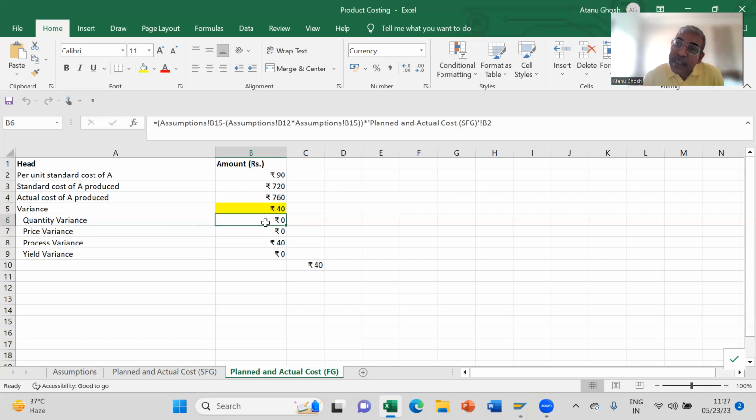Process variance is the only variance that we have here, because 5 rupees were additionally consumed for the process, and for 8 units of A, that was 40. There is no yield variance here because we planned to make 8 units of A and we have made 8 units of A. Now, this is how the actual costing of A is done as per the standard cost process.